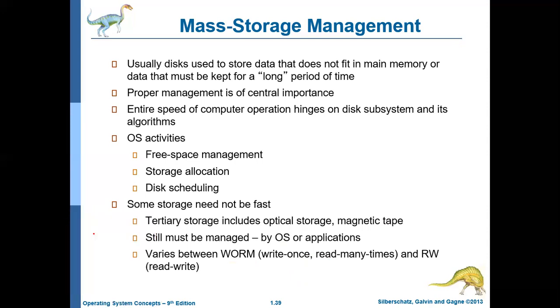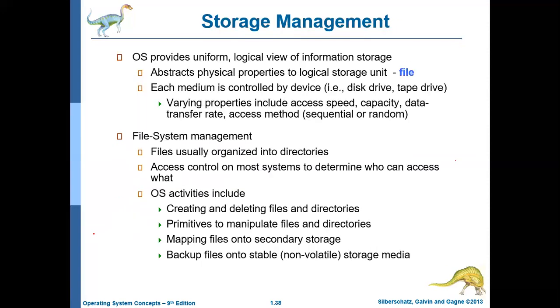We discuss this topic under four headings: file system management, mass storage management, cache, and IO system. First we defined what a file is. The operating system abstracts from the physical properties of the storage devices and provides a logical storage unit for the user. This logical storage unit is called a file. The operating system provides it for the convenience of the user.